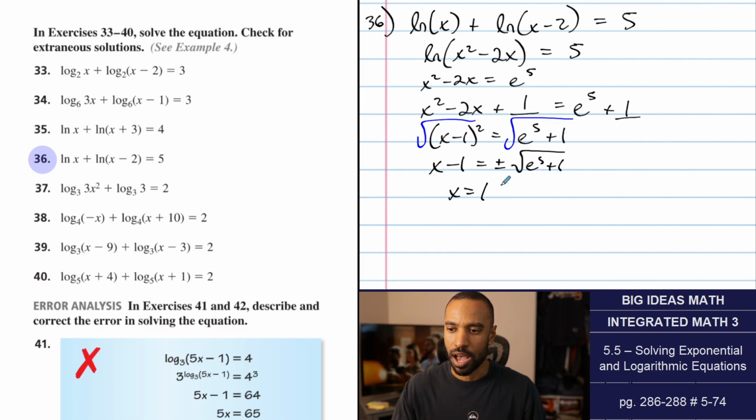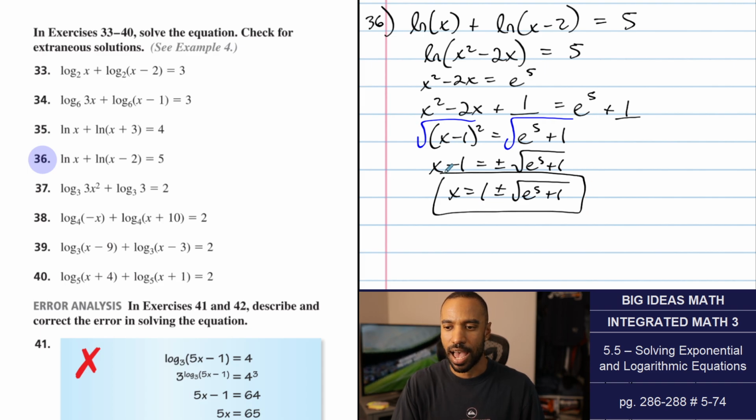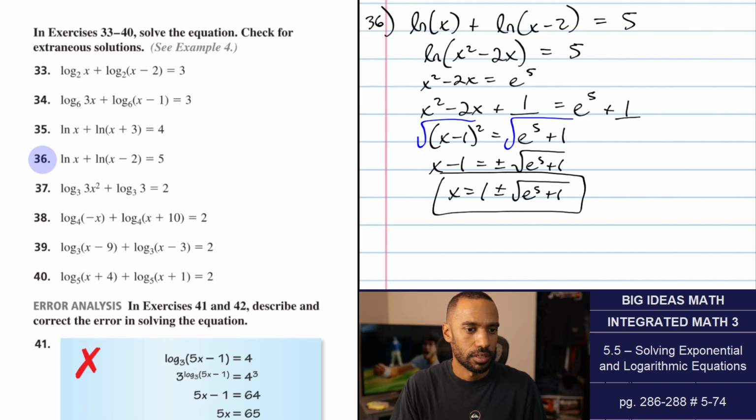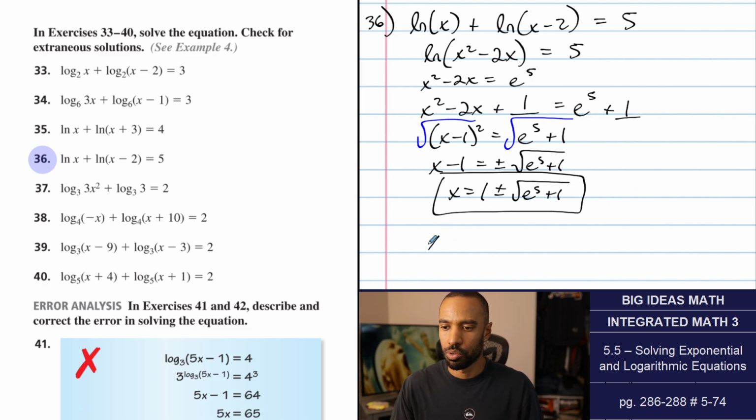So x equals positive 1 plus or minus the square root of e to the fifth plus 1. So here's our exact answer. I'm going to be calculating that. 1 plus this and 1 minus this. And I'm getting 13.223 and negative 11.223.